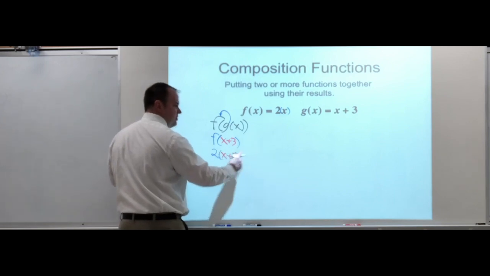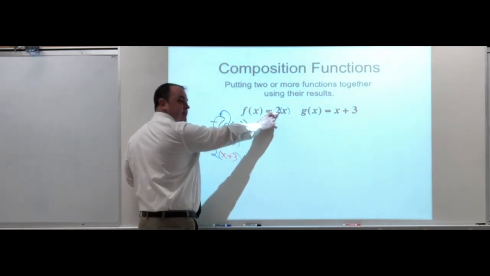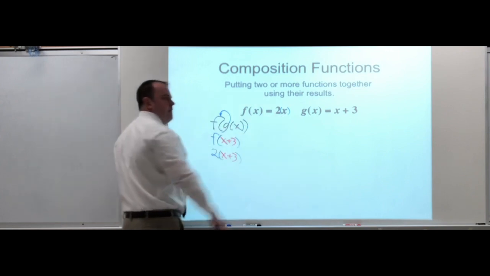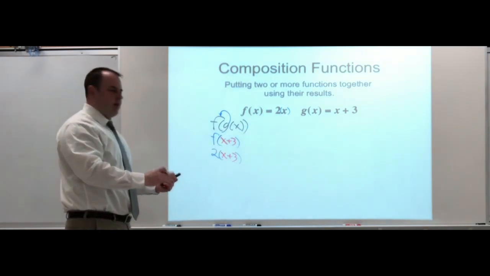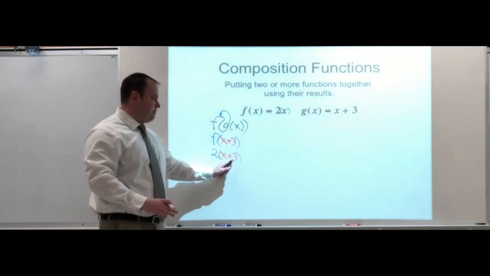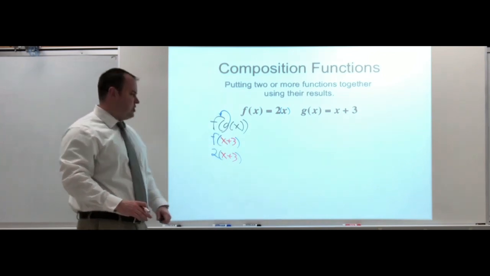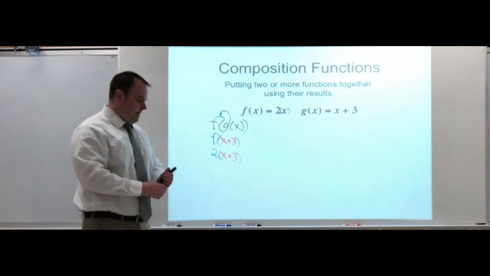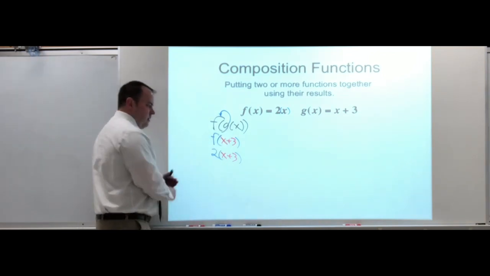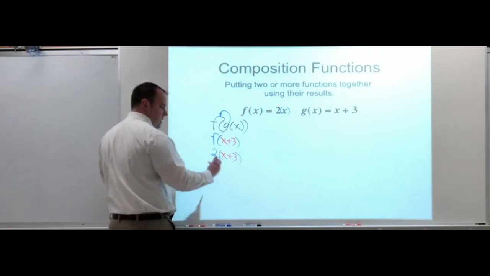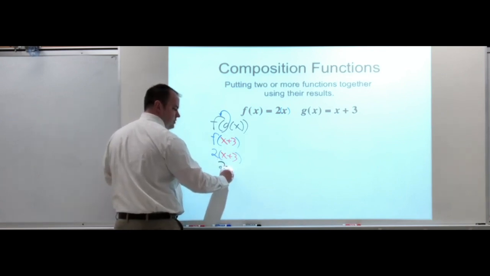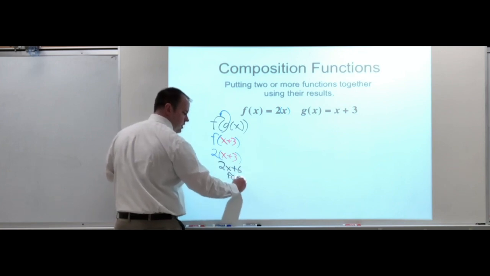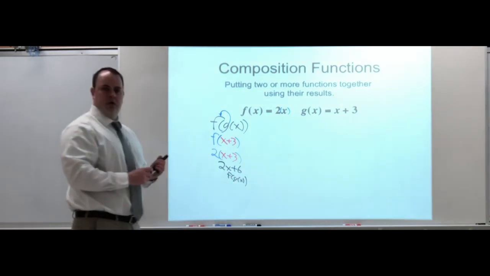I really think it's important to look at this and say, okay, I have the 2 being multiplied by the x. So the 2 is outside the parentheses, and then inside that blank parentheses, we're putting the function g. And once you have that, now you just need to simplify. I'm going to distribute that 2, and we get 2x plus 6 is f of g of x.